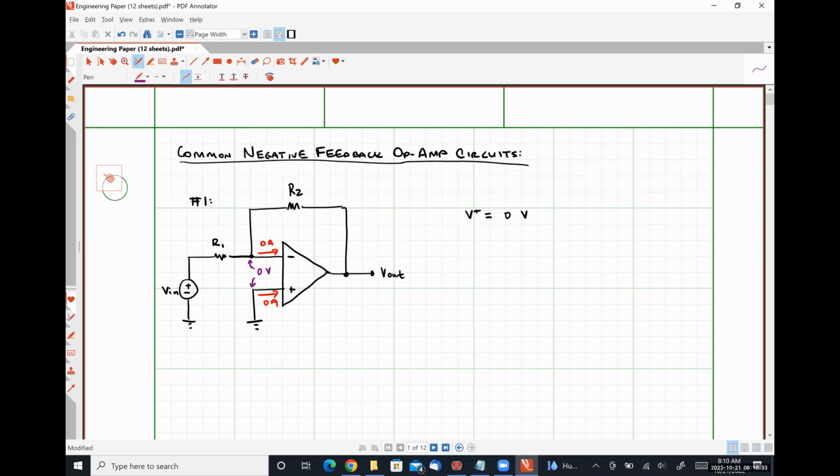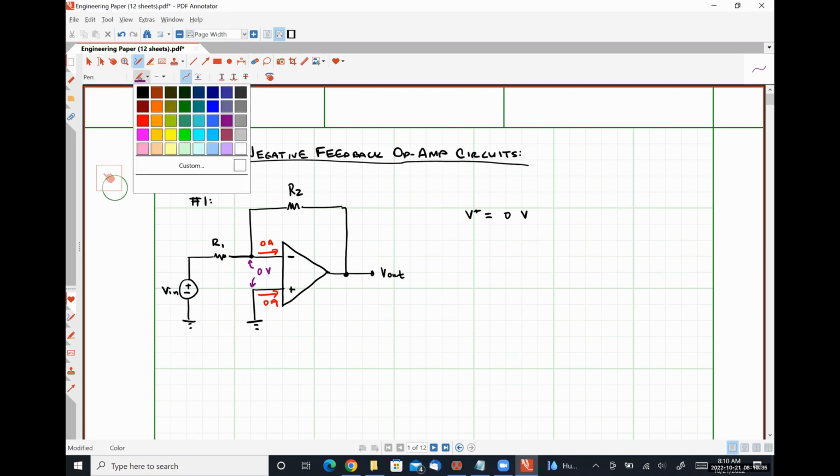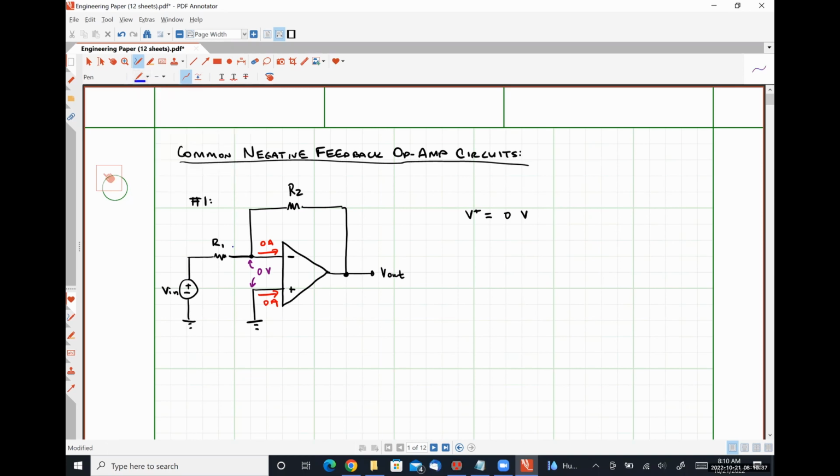And now we're going to write a Kirchhoff's current law expression. So we're going to say that this current leaving our inverting input node plus this current leaving our inverting input node must be equal to 0.